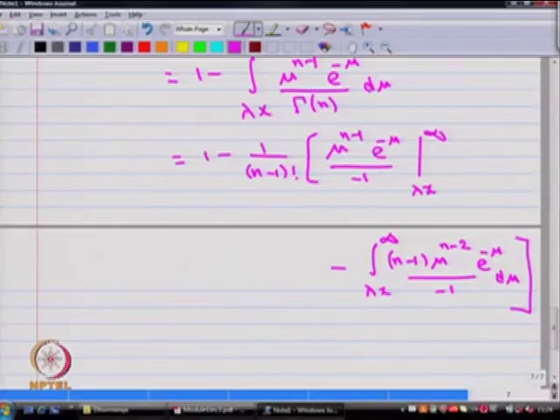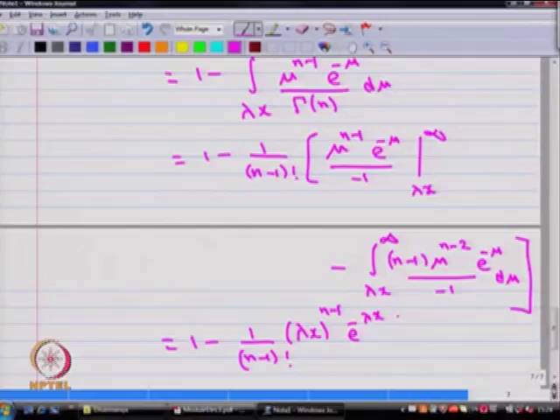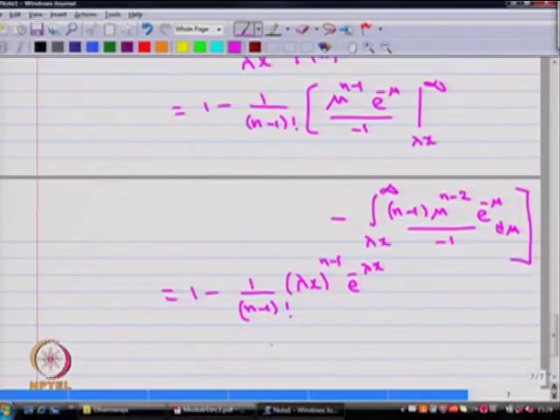Now, you can integrate the second term again by integration by parts, and when you substitute the limits for mu, infinity as well as mu equal to lambda x, and subsequently do the integration by parts, you will get 1 minus, n minus 1 factorial, (lambda x) power n minus 1 e power minus lambda x, then the next term will be minus (lambda x) power n minus 2 e power minus lambda x by n minus 2 factorial.